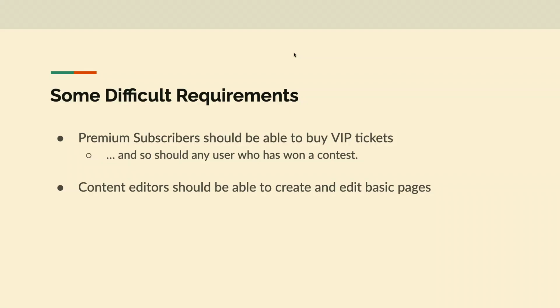This is fine. We create a role called content editor. We give them the create and edit basic pages permissions. Fine. But we add another requirement that says, but only if they have completed security training in the last year. That's kind of a place where a role can't look into your user and tell if they've done something in the last year.